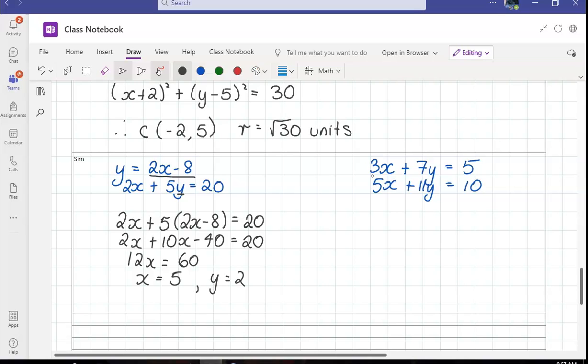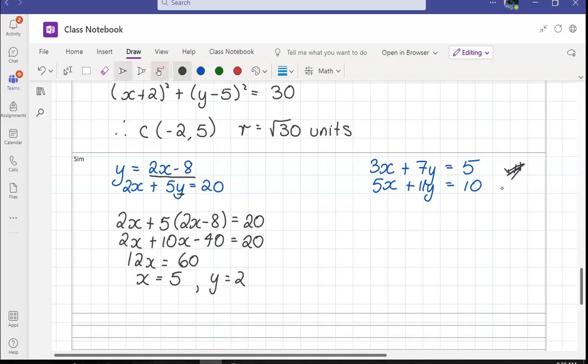Eliminate. So we're either eliminating the x or the y's, and to do that, they have to have the same coefficient. Yeah? No, it doesn't have to be different sign. Right? So same coefficient. So if I wanted to get rid of the y's, what's the number that 7 and 11 both go into? 77, which would mean I'd have to times that by 11 and that by 7, big numbers.